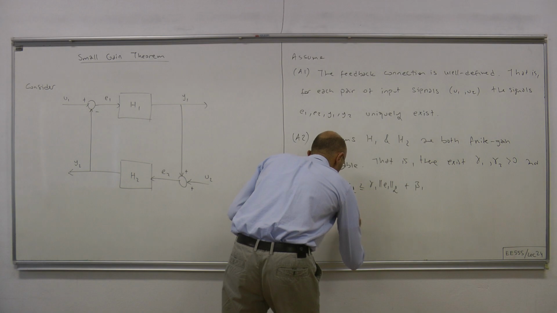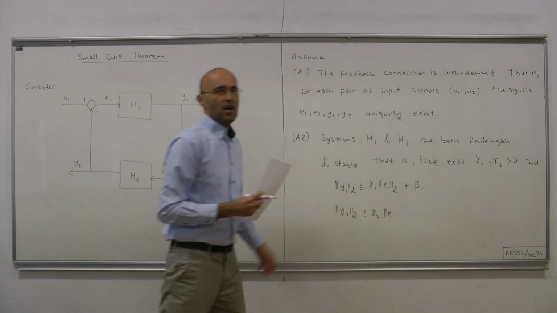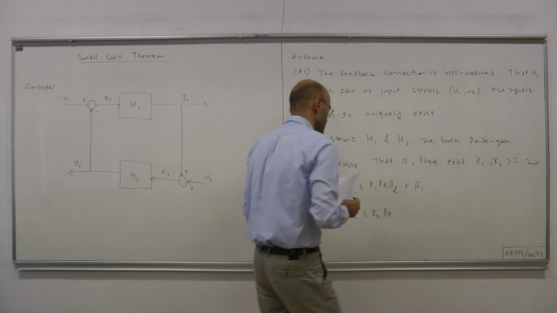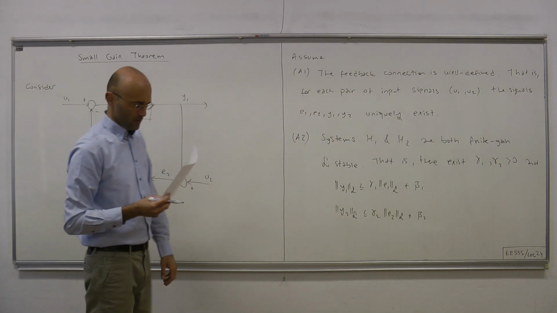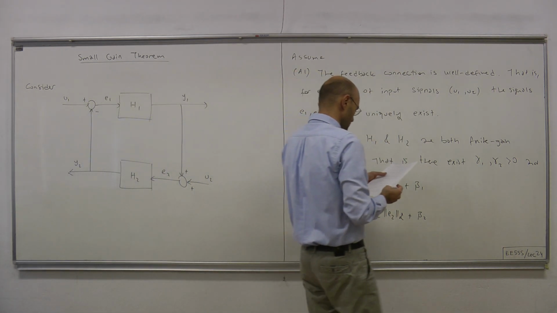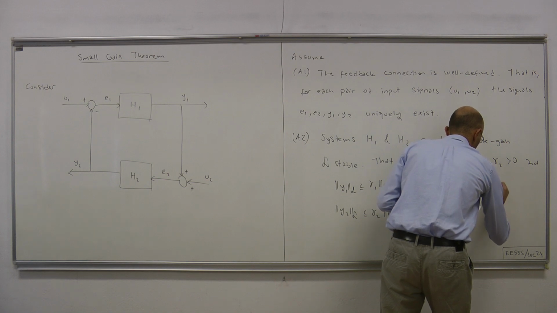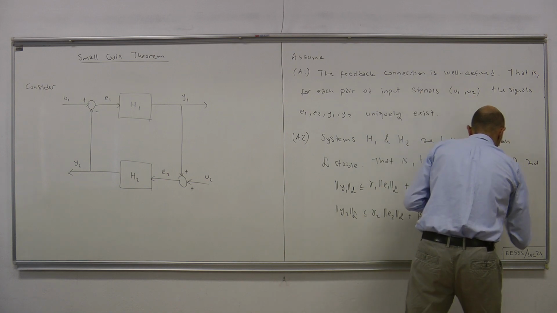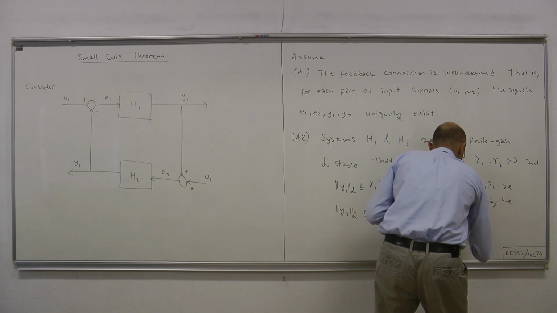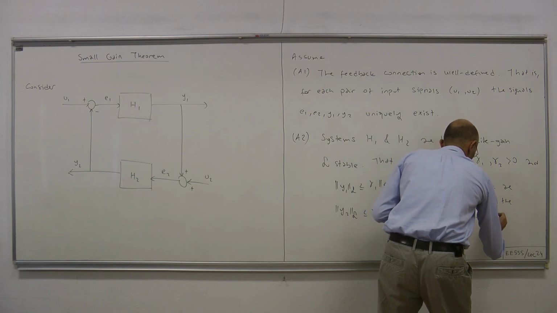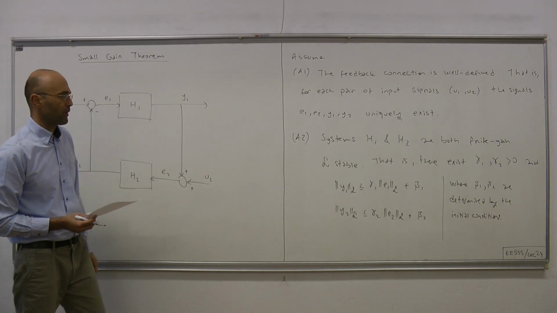And likewise for the second subsystem, we have a similar relation between its output y2 and its input E2, plus the initial condition term, beta 2, where beta 1, beta 2 are determined by the initial conditions x10 and x20 of the systems.